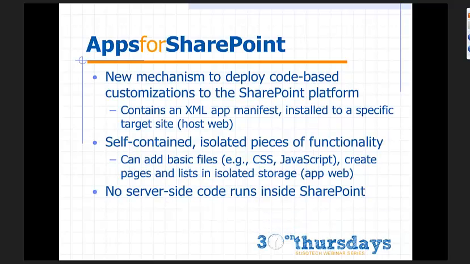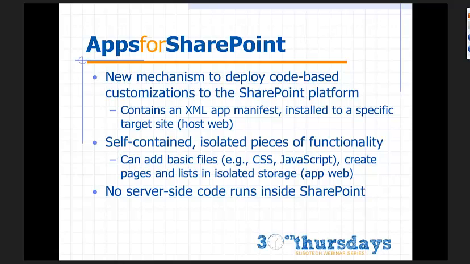When we talk about apps for SharePoint, it's a new mechanism to deploy code-based customizations to the platform. Much like a WSP file is a CAB, an app file has a .app extension, which is actually a zip file that's packaged using the same format as the Office Open XML files, using that Open Packaging Convention format. Apps are good for self-contained and isolated pieces of functionality.